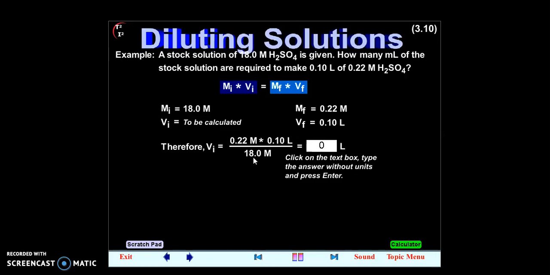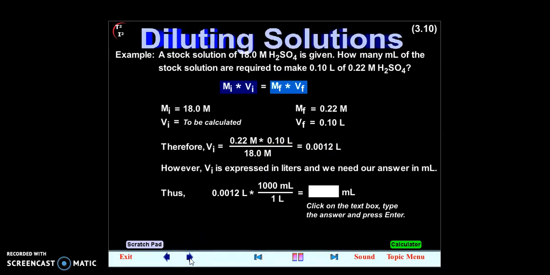That should give us 0.0012. Thereafter, you are converting liters to milliliters.